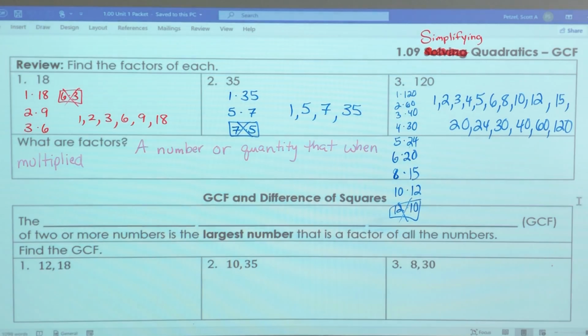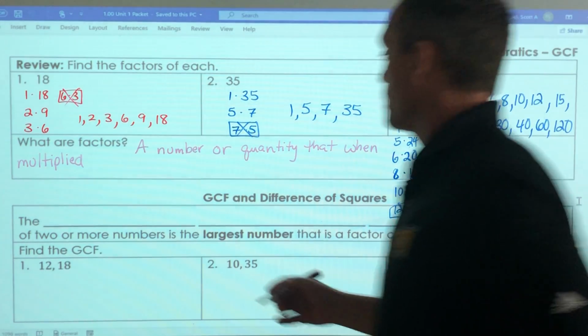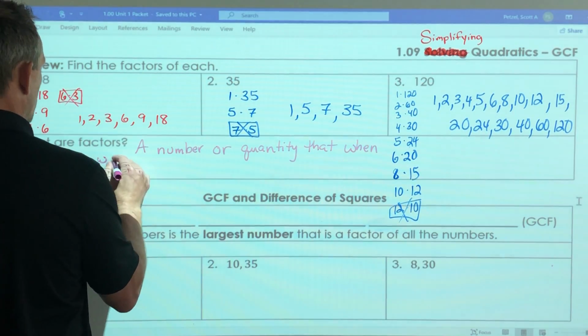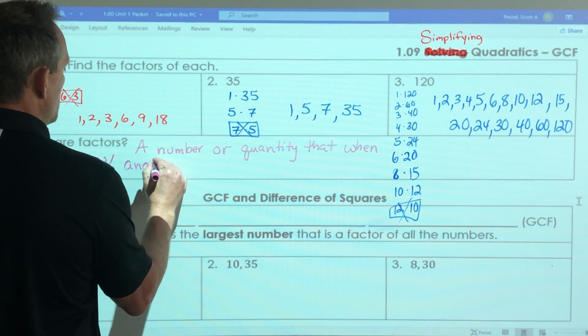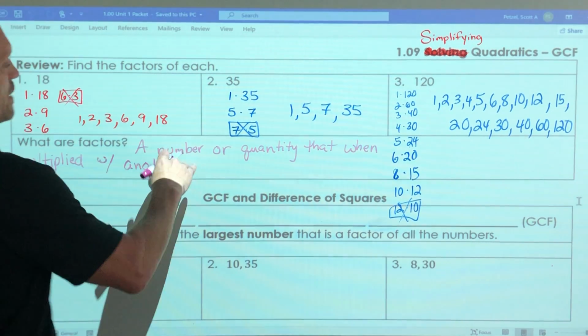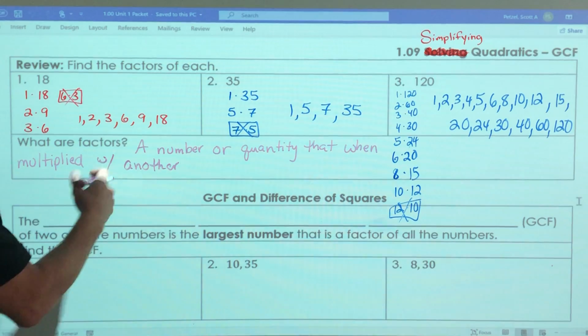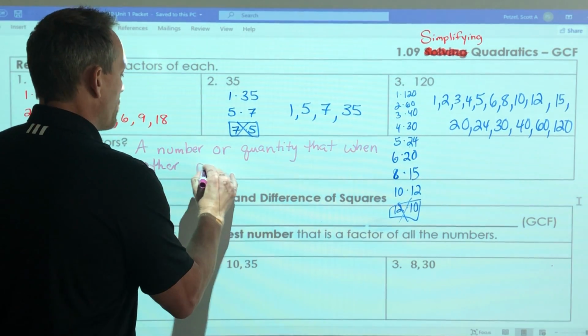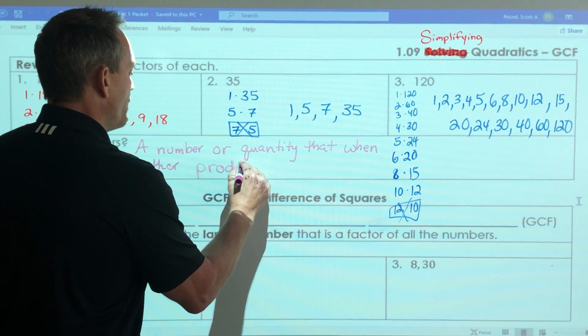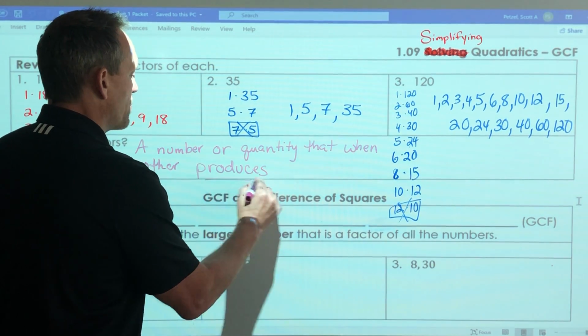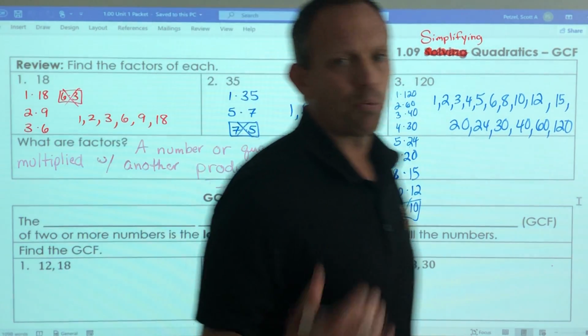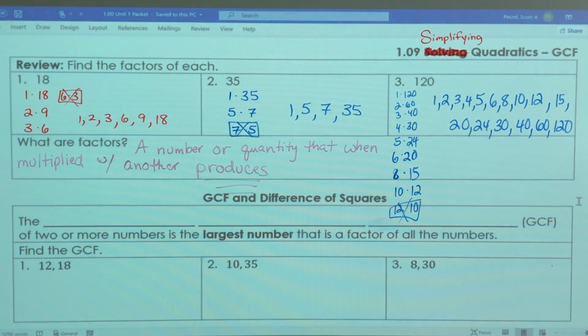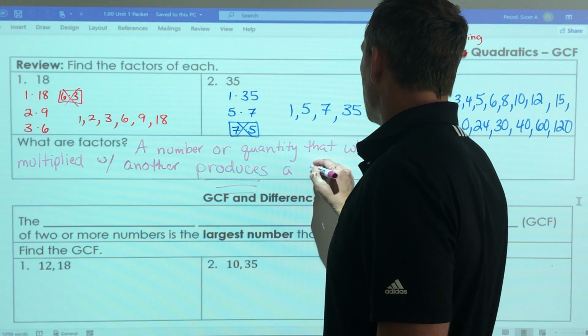Then we multiply it with another, so a number or quantity that's multiplied with another number or quantity produces a given number or expression. Remember, when you multiply something together, you're getting a product.